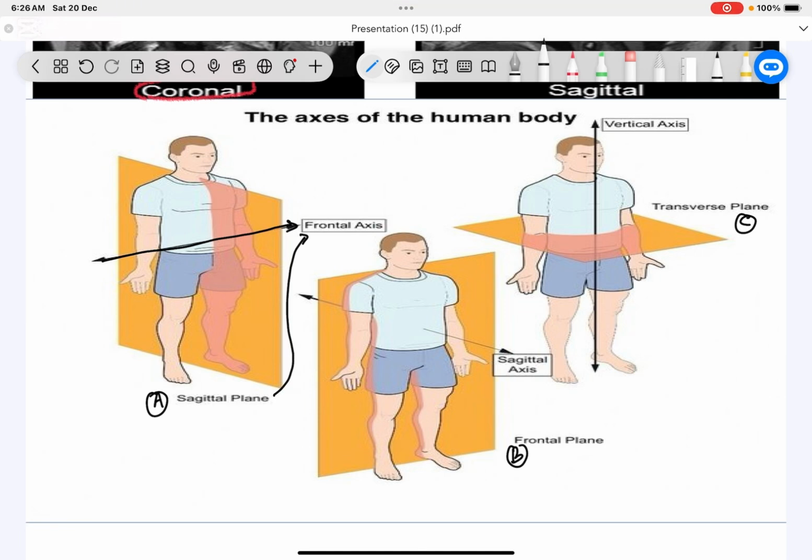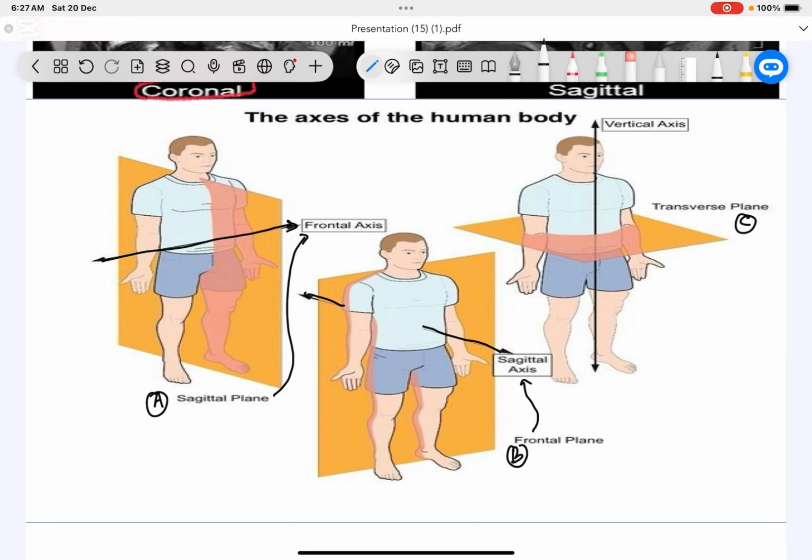In frontal plane, the line will be passing from front to back, that means sagittal axis. So, in sagittal axis, the movement should be on frontal plane, that means adduction, abduction, lateral flexion, inversion, eversion, radial deviation, ulnar deviation. Even for a scapula also elevation and depression.